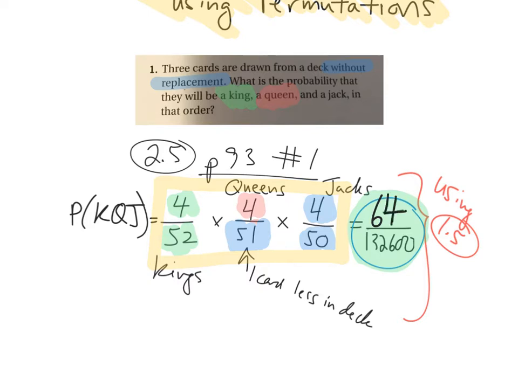My apologies there. 64 possible ways to draw a king followed by a queen followed by a jack out of 132,600 possible ways of drawing 3 cards, regardless of the restrictions that they're king, queen, and jack.